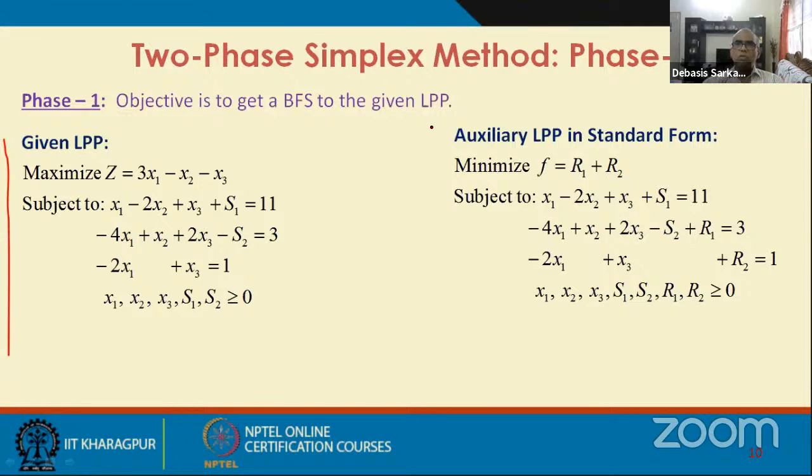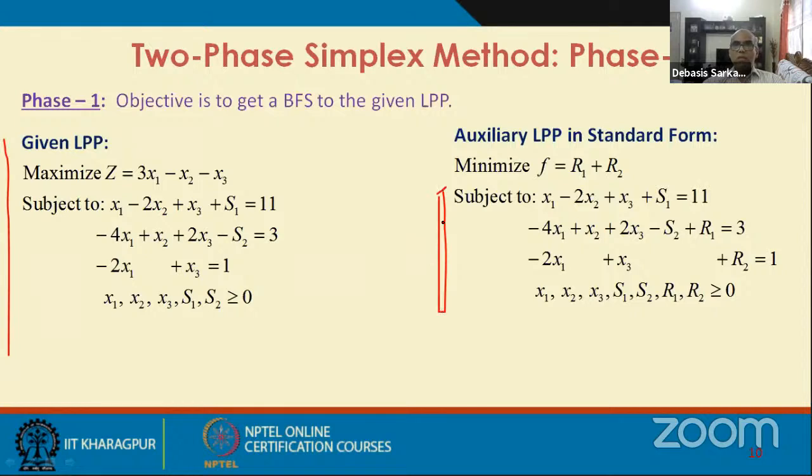So what we do is, you first introduce the artificial variables, so that you can obtain an initial basic feasible solution as usual. So x1, x2, x3 and s2 are non-basic variables. s1, r1 and r2 are basic variables.